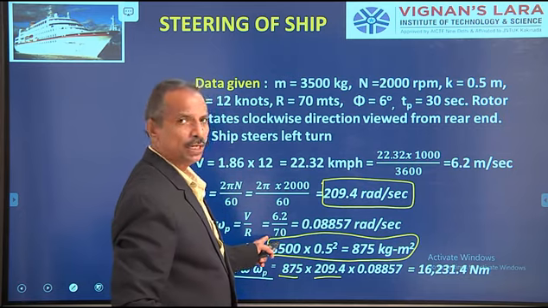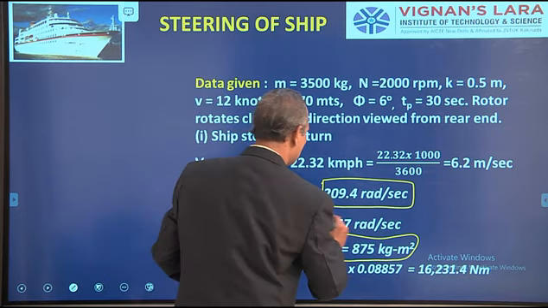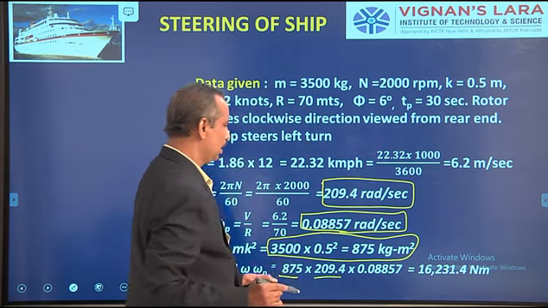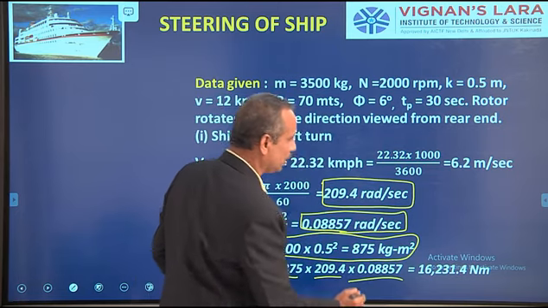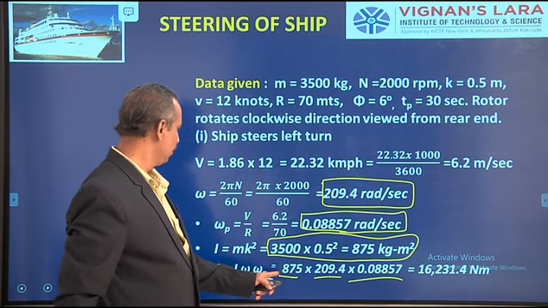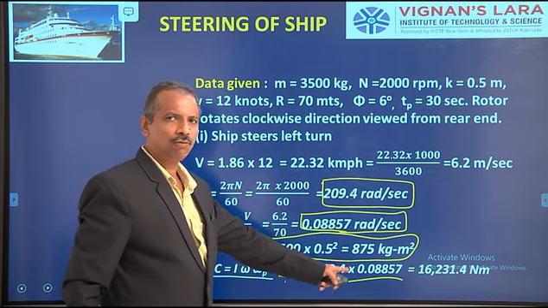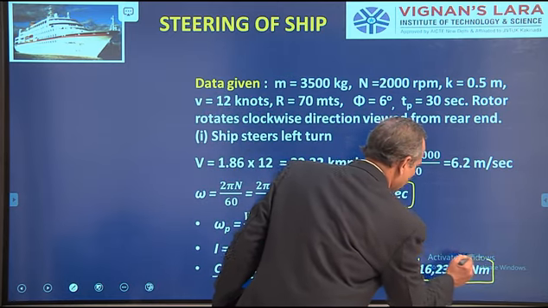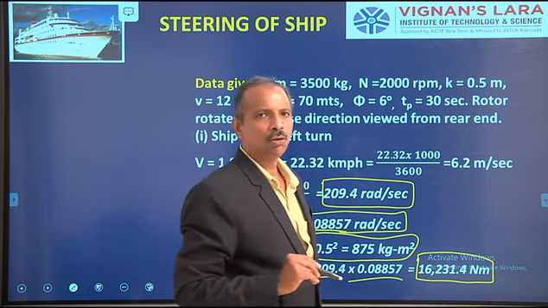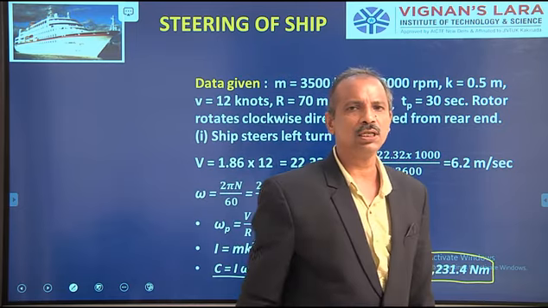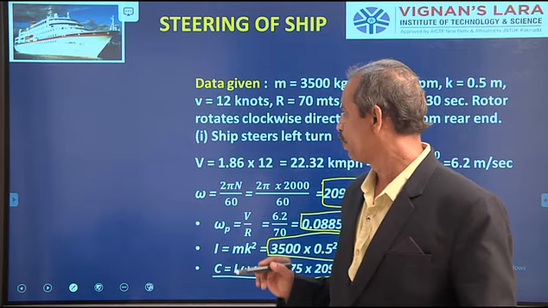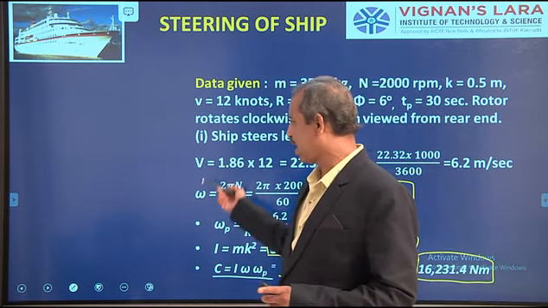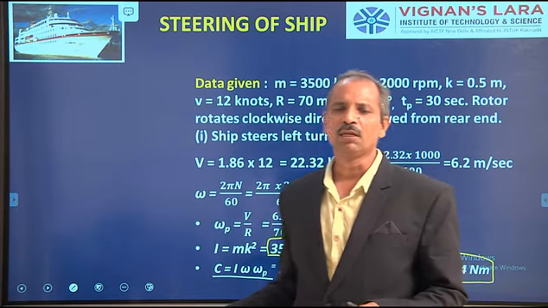Then omega p is V by R. So by simply substituting the values of I, omega, p, you get the value of gyroscopic couple, that is 16,213 Newton meter.